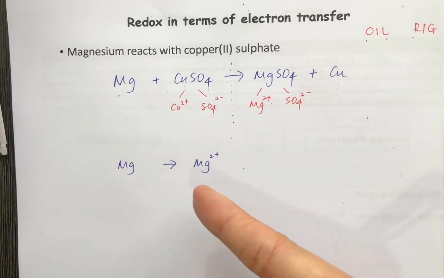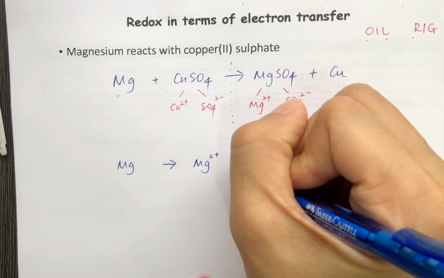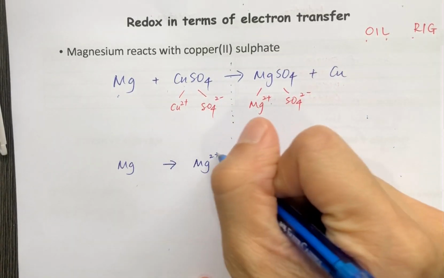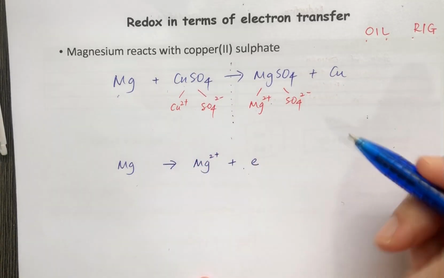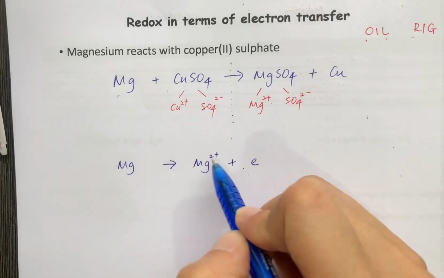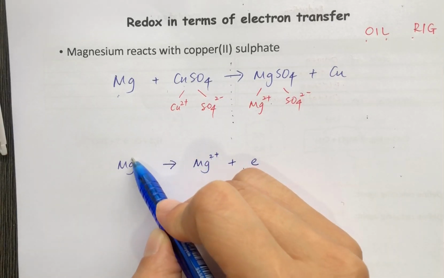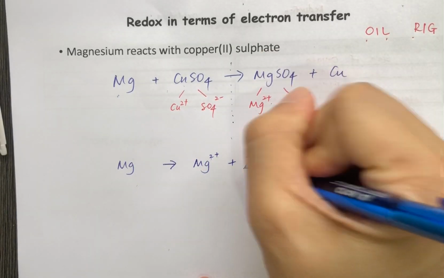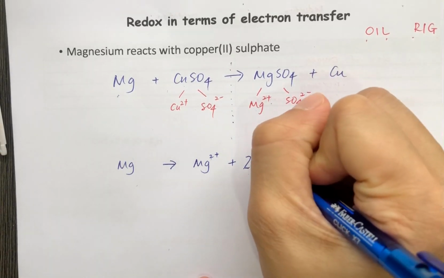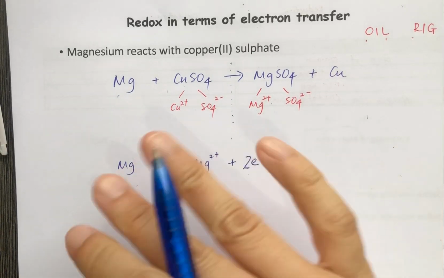The electron must be put at the positive side, so the electron goes on the right-hand side. Is one electron enough? No, because here there is no charge and that becomes 2+, so the difference is 2 electrons. So I write the electrons on my right-hand side.